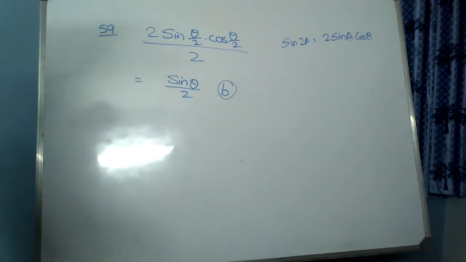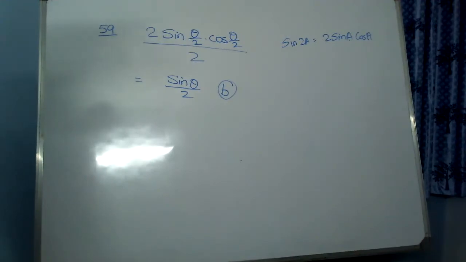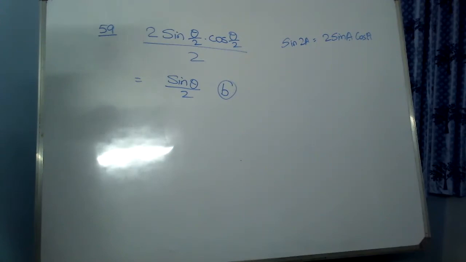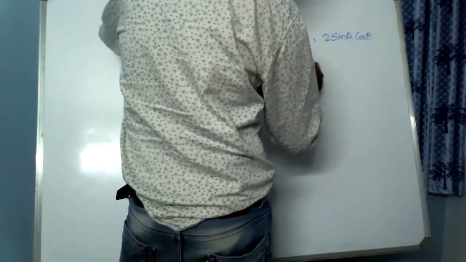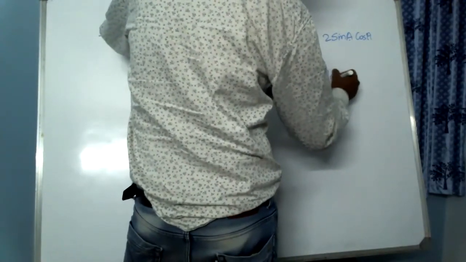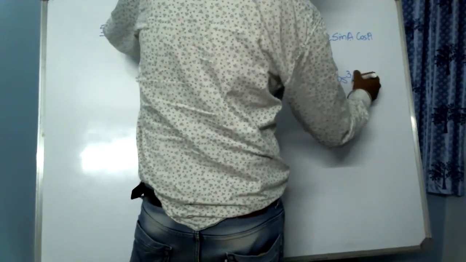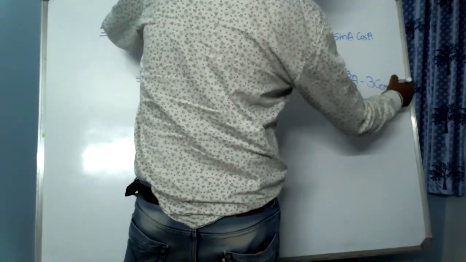60, cos 3a equal to what? This is the direct formula. This is directly the cos 3a formula. Now what is the cos 3a formula? Cos 3a formula is 4 cos cube a minus 3 cos a.